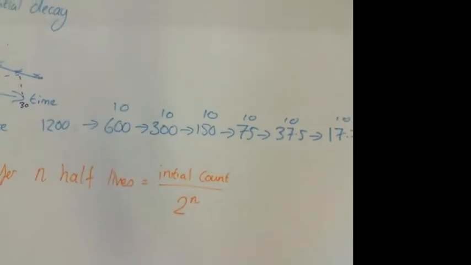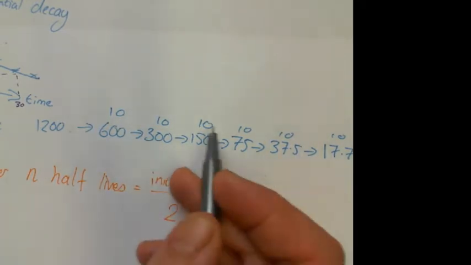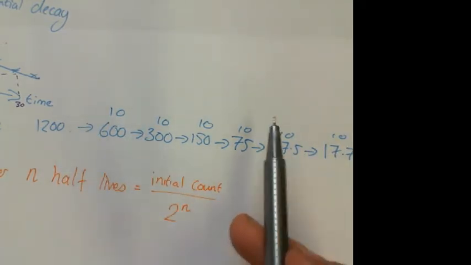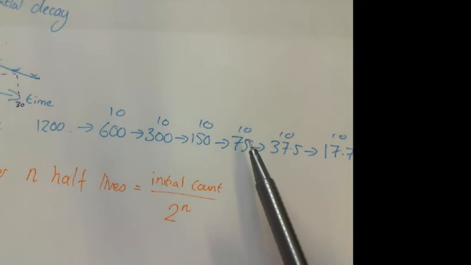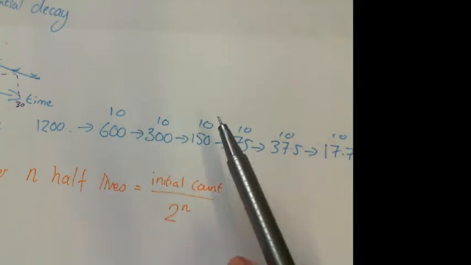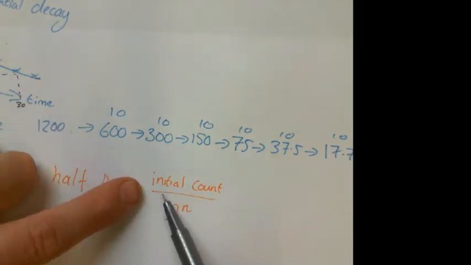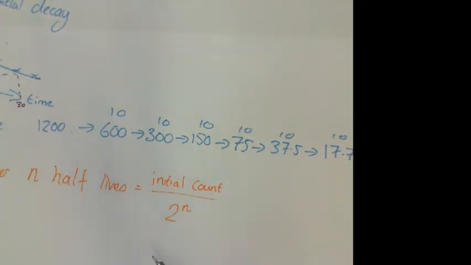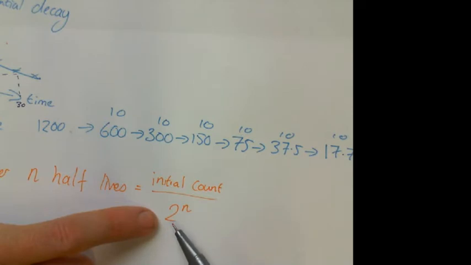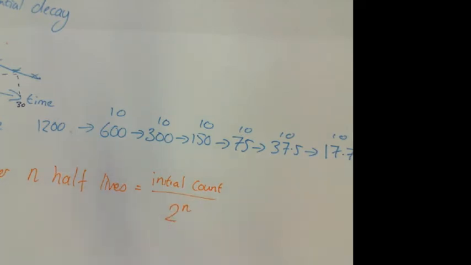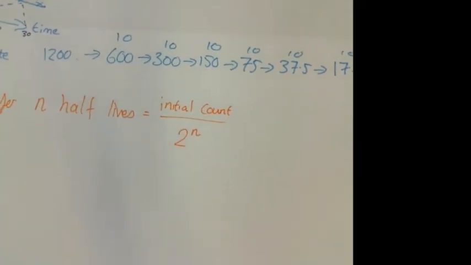In the example that I did, it was 6 half-lives. So the count rate after 6 half-lives is equal to what the initial count rate was, divided by 2 to the power 6. And that's how we can work it out. I'm pretty sure that equation is on your data sheet.